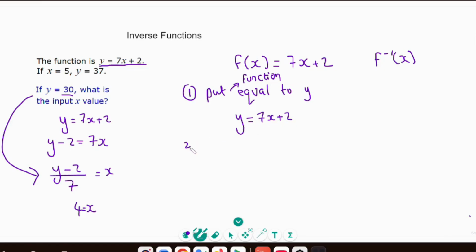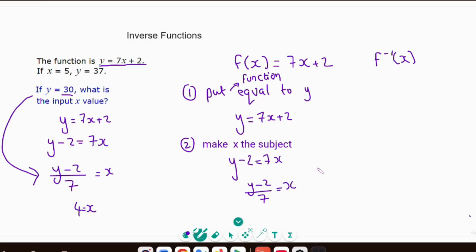Step 2, make x a subject. How do I make x a subject? I take 7x off both sides. No, I don't. I take 2 off both sides. And I divide both sides by 7.